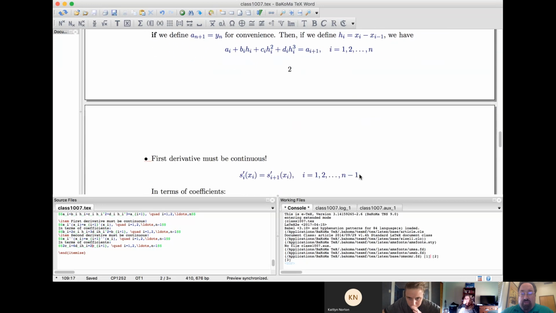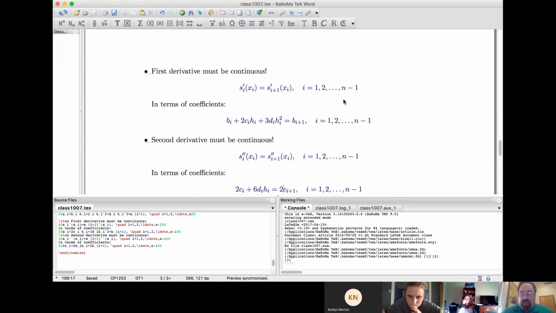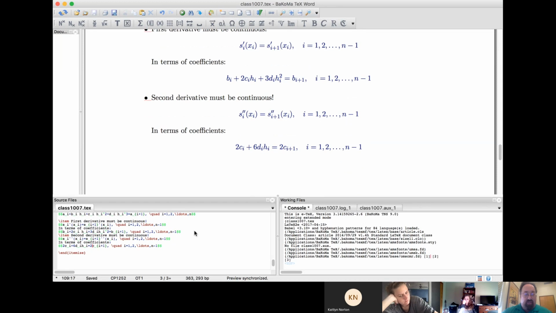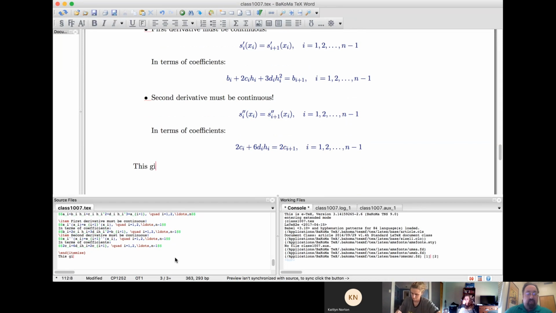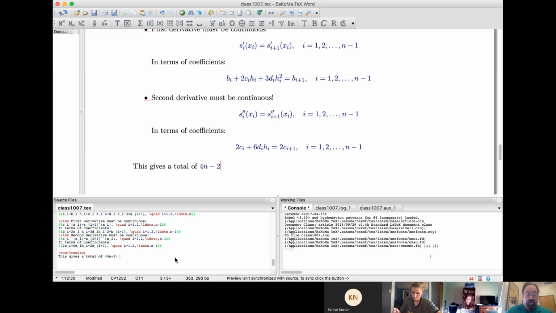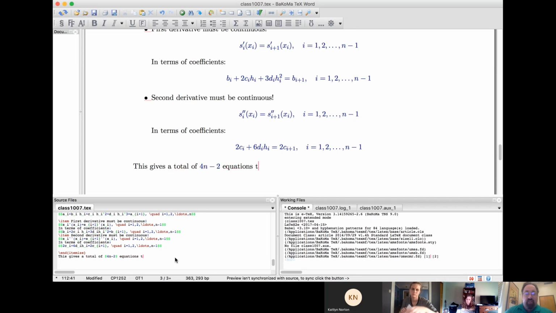And then from the derivatives, we only get n minus 1 here and n minus 1 here. So we have a total of 4n minus 2 equations to specify 4n unknowns. Well, that's not enough. This does not give a unique solution.